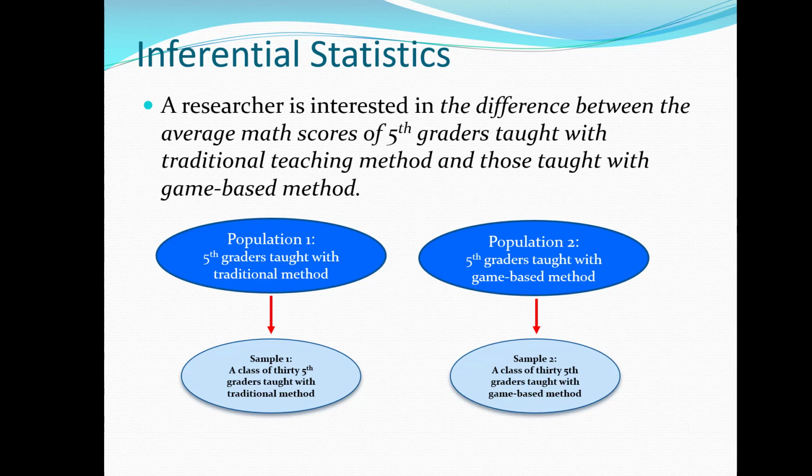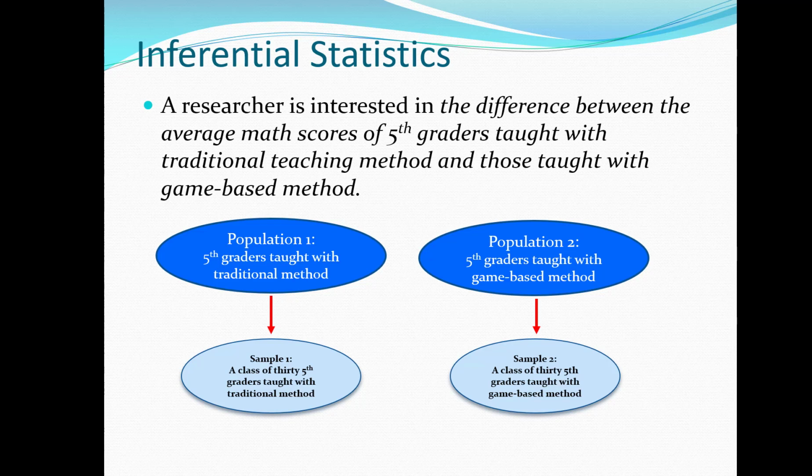I hope you can still remember when we talked about descriptive statistics, we mentioned that we want to use descriptive statistics because we want to describe or summarize our data. We will use some indices to describe and summarize our data.